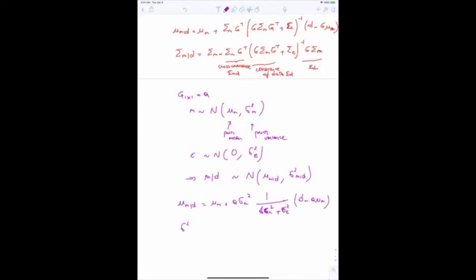And then the variance is going to be the prior variance of m minus A sigma m squared times the same matrix times A sigma m squared.